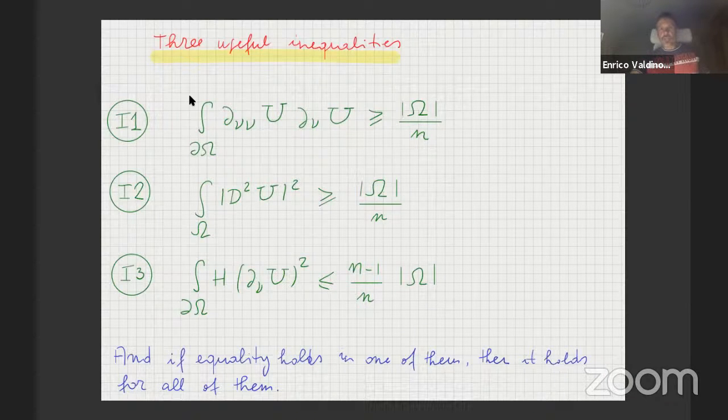And the reason for which they are useful is that you always try to make one of these inequalities to be an equality. So an inequality that becomes an equality.